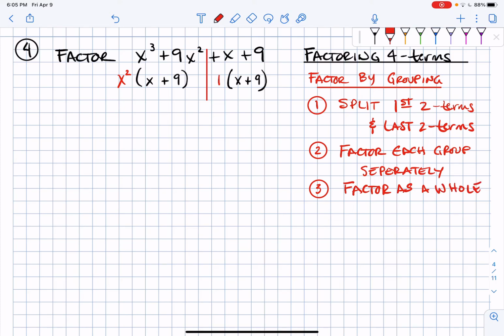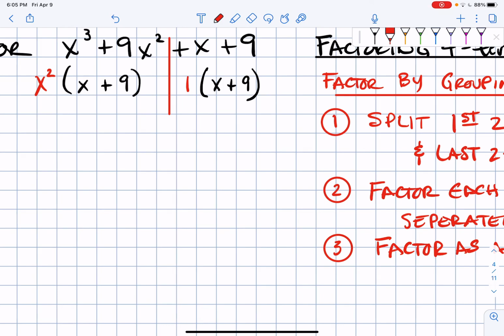When I look at this, what do they have in common? They have the x plus 9 in common. What's left if I pull out x plus 9? The x squared plus 1. And that, ladies and gentlemen, is going to be choice A.